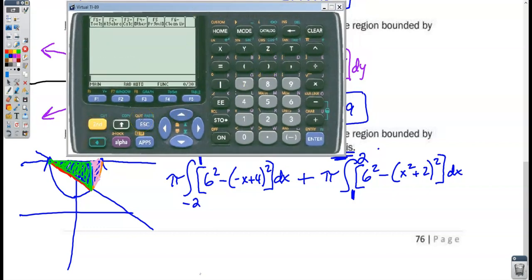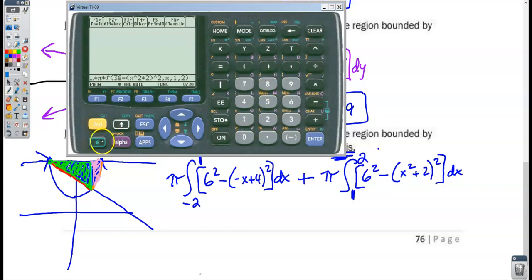So let's go out to our main screen, and we've got pi times the integral of 6 squared, I'm just going to type 36, minus the quantity negative x plus 4 squared with respect to x from -2 to 1, plus pi times the integral of 36 minus the quantity x squared plus 2 squared with respect to x from 1 to 2.